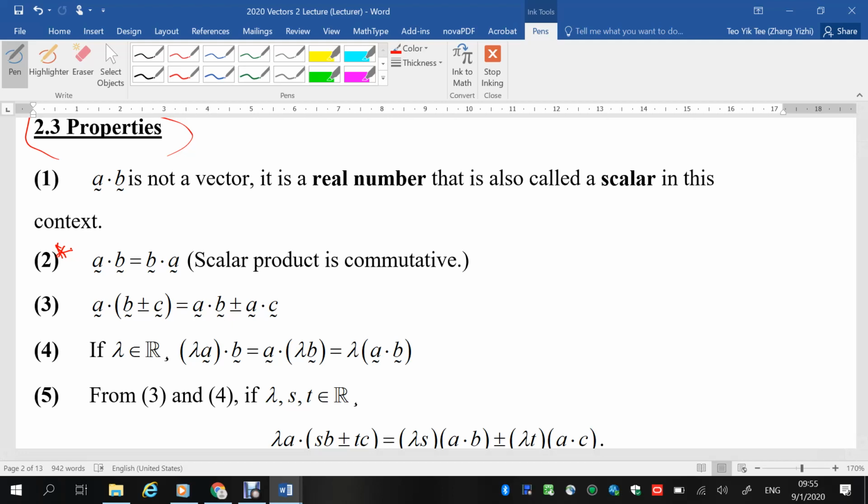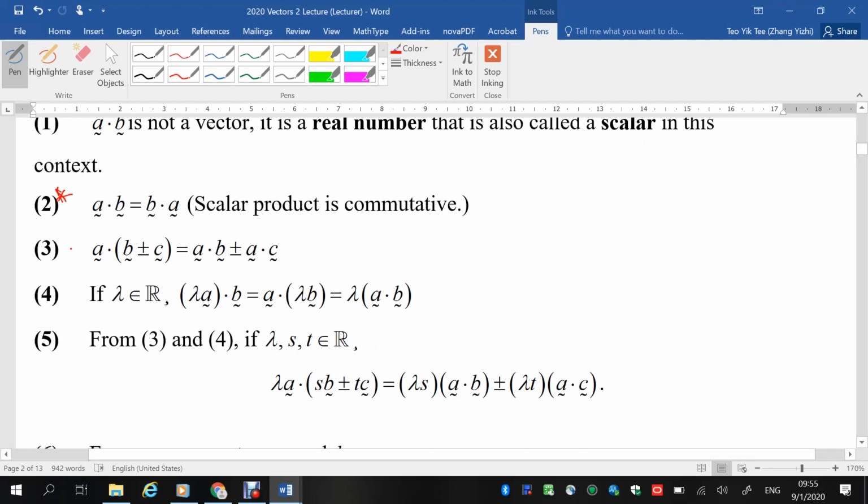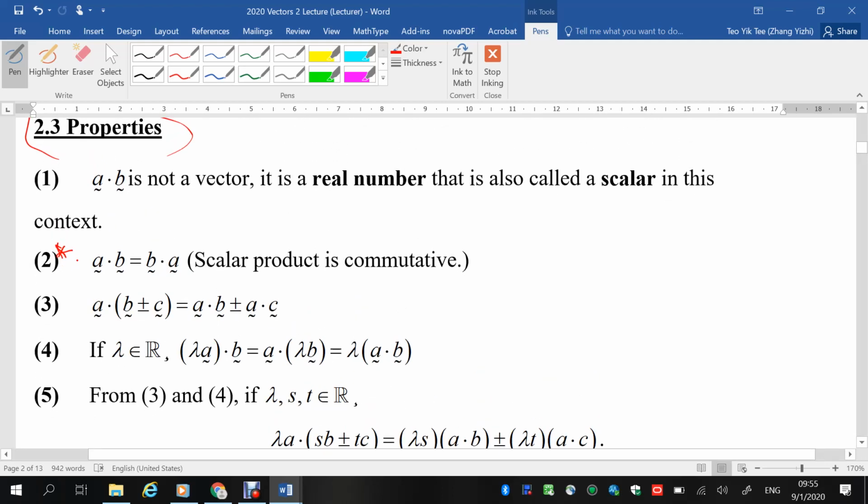Okay, number 3 is the distributive law, so nothing really fantastic. Number 4 is also the distributive law. Number 5 is also quite straightforward. Okay, the other one that I have not talked about is number 1, A dot B. A is a vector. If a vector is dotted with a vector, I actually get a scalar, a number.